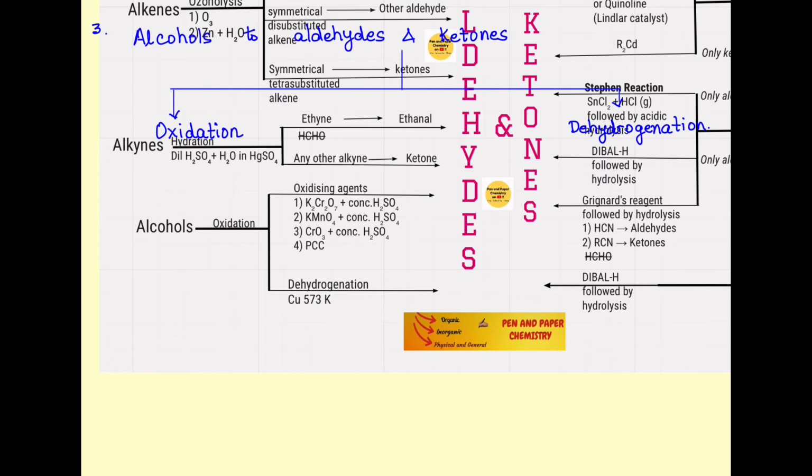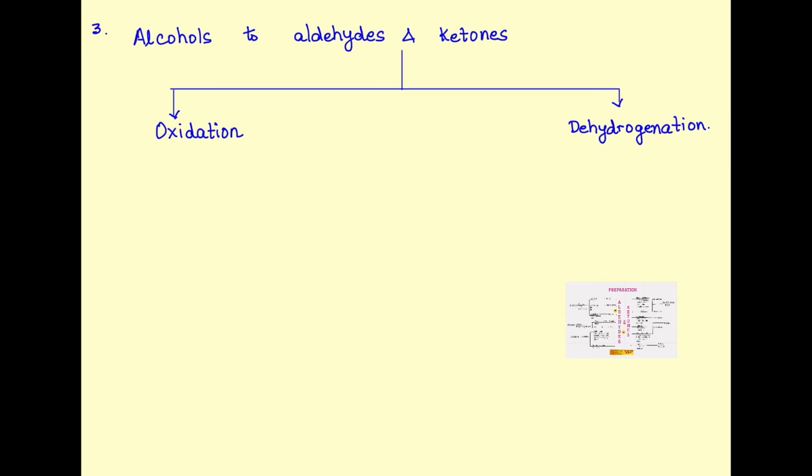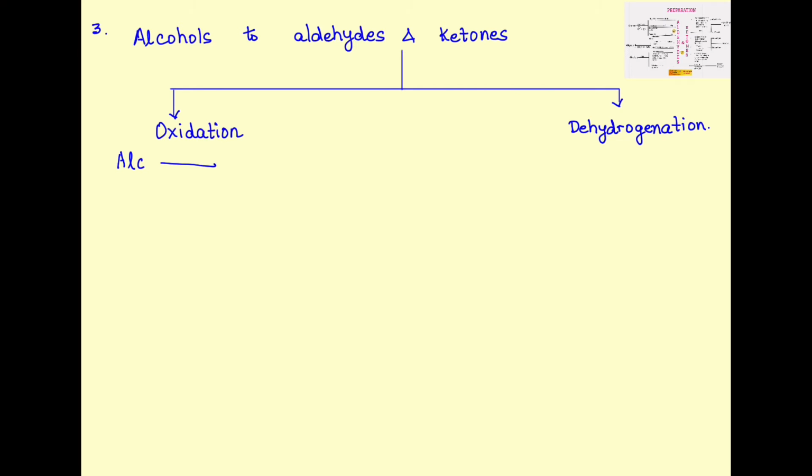Also, if you remember, we said that when we use any of these oxidizing agents, I'll keep my flowchart on the right. Yes, it helps me to plan my next reaction. Now, when we use oxidizing agents, the alcohols get converted to aldehydes, and then aldehydes get converted into carboxylic acids.